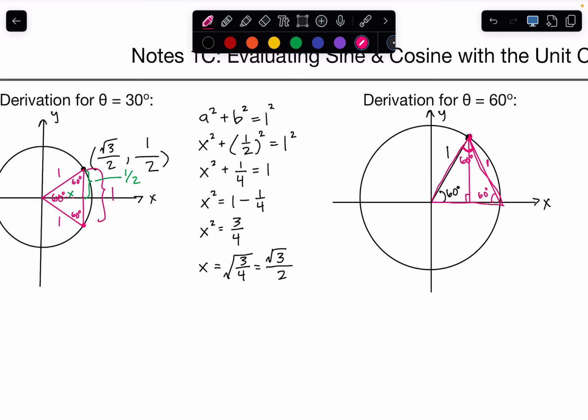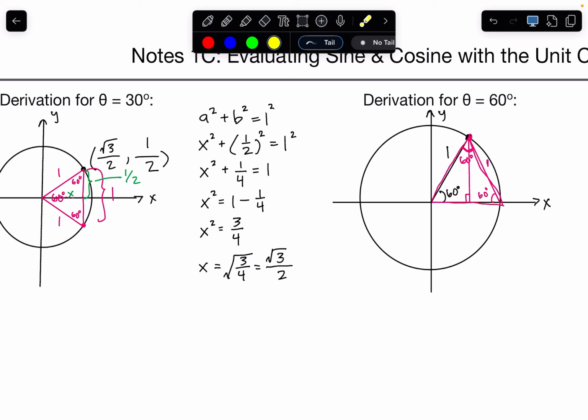The difference in the triangle from yesterday, which is over here, and the triangle for today, which is over here, is in this picture on the left, the long side sits along the x, and the short side sits along the y.